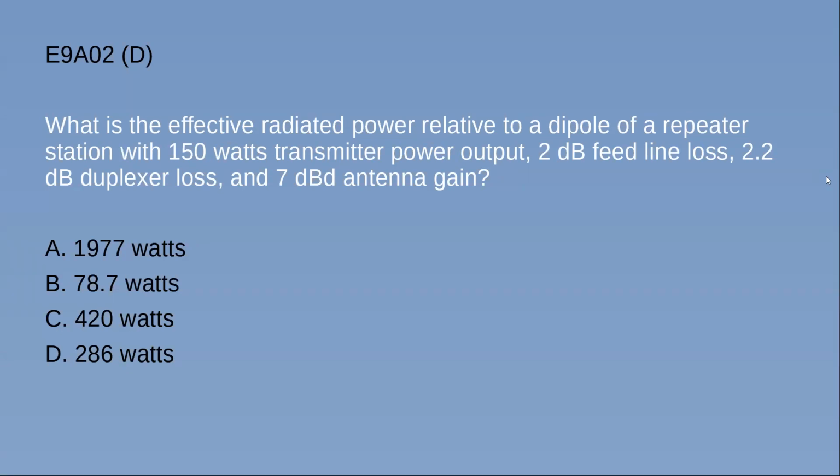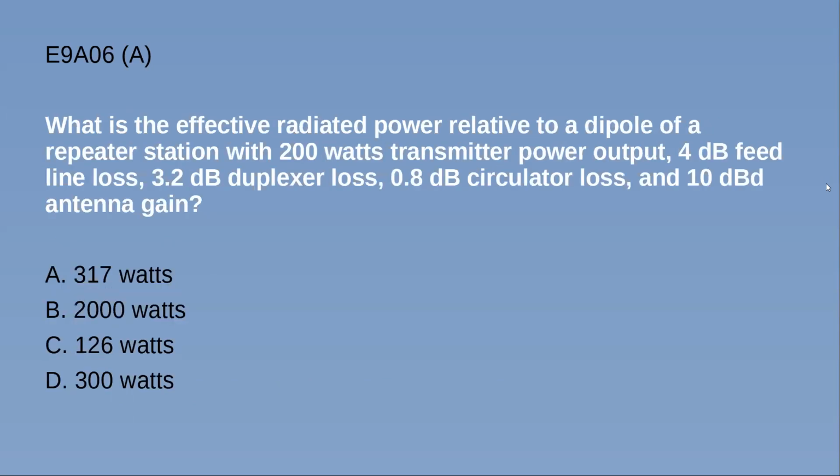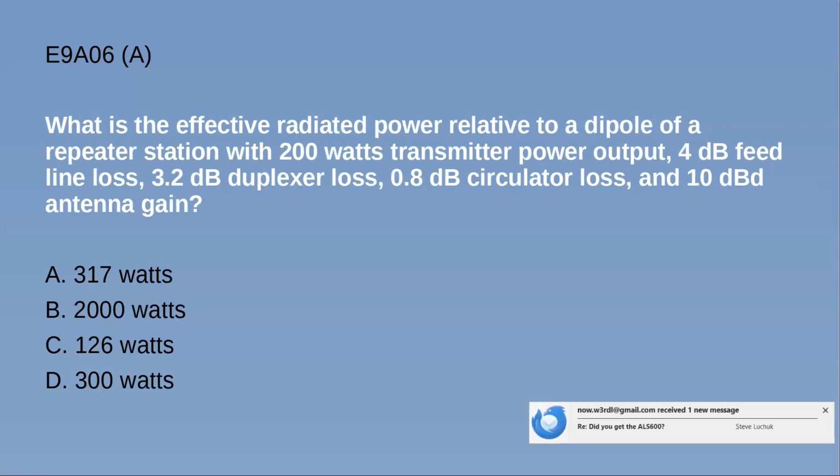Sounds familiar. 286 watts. At what point are you getting that gain? From the antenna. It's going to be something other than a dipole because it's 7 dB relative to a dipole, so it's a Yagi or a quad or something.